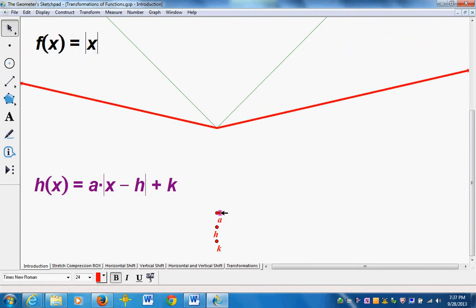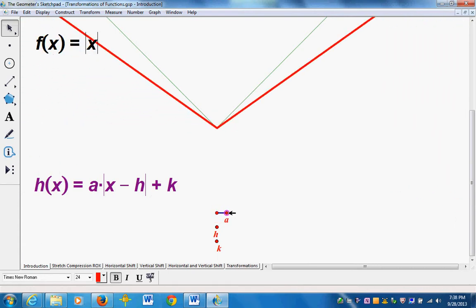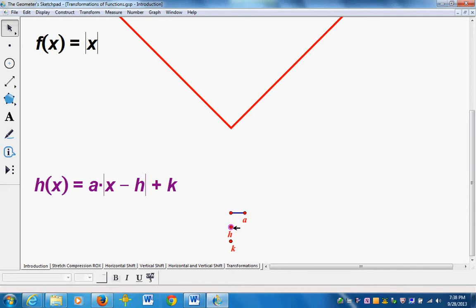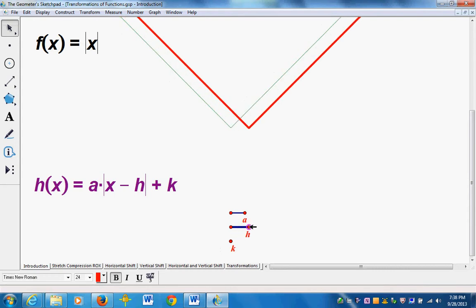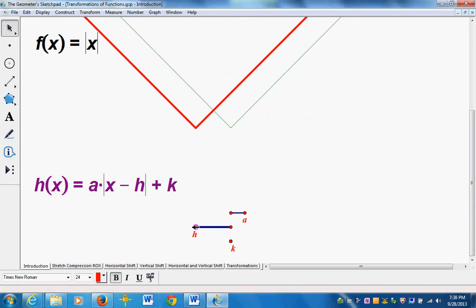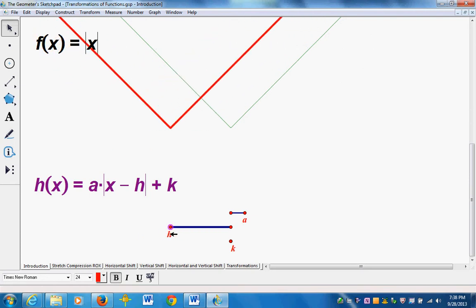The green V is our parent function. So I'm going to put this function back on top of the parent so it's just the same as the parent. But now I'm going to shift the function. I'm going to take H and shift it, and you can see how H is moving my function left and right.